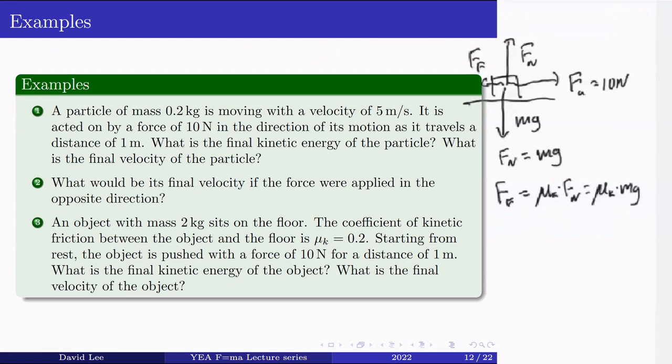We want to find the final kinetic energy. So what are we going to do? We're going to find the net work that is done on the object. So in this case, there are two forces. What we want to do is add up the contributions of how much work each force does and add them all up to get a net work.